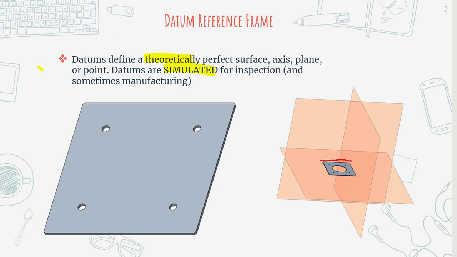What that really means is, this for example is a datum plane, and it is a perfectly flat 2D plane. The reason why we care about defining these within our drawing, within our model, is, for one, it makes it easy to dimension off of and validate off of.